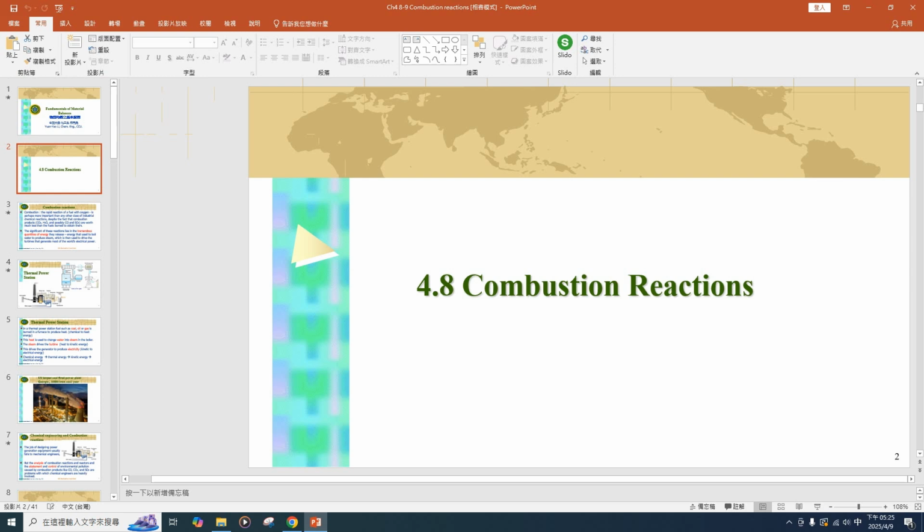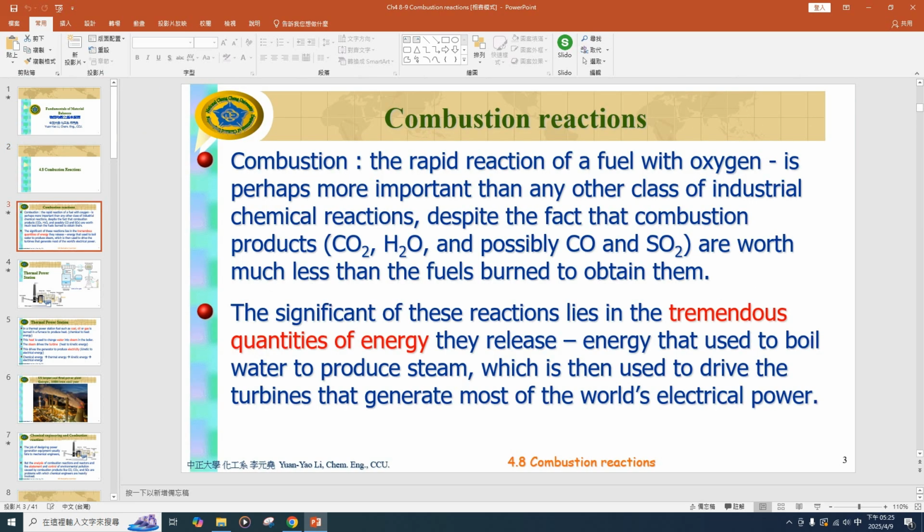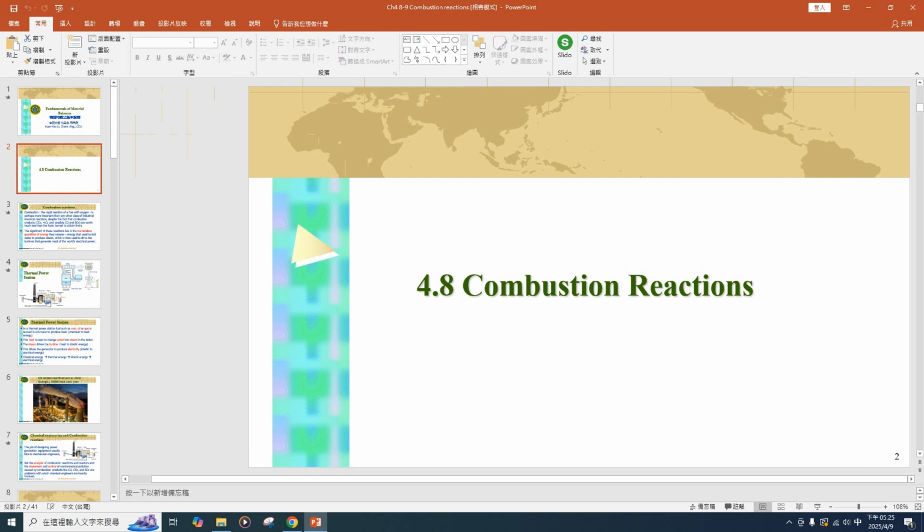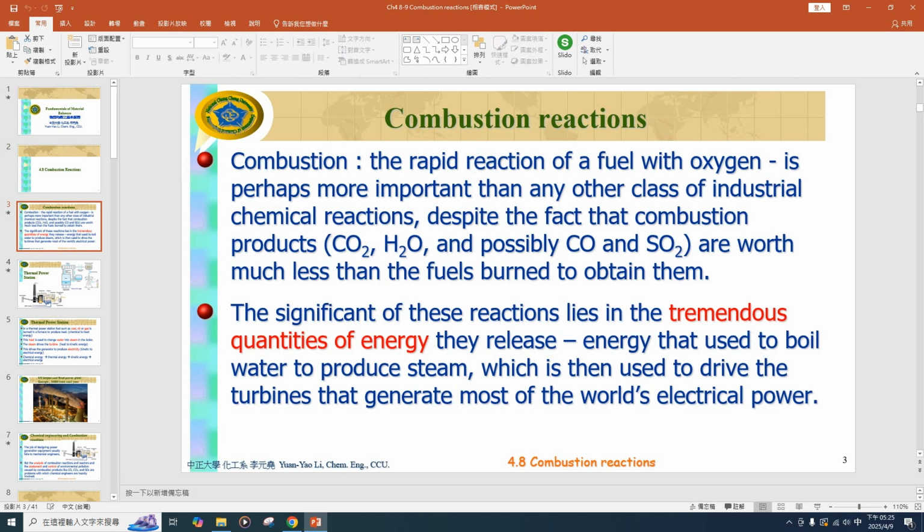Because you need product, and then you have some unreacted reactant and you recycle. But for the combustion reaction, you don't like products because the product is carbon dioxide. So what you need from the combustion reaction? Energy. You need energy. You don't want products. Okay, you need energy.